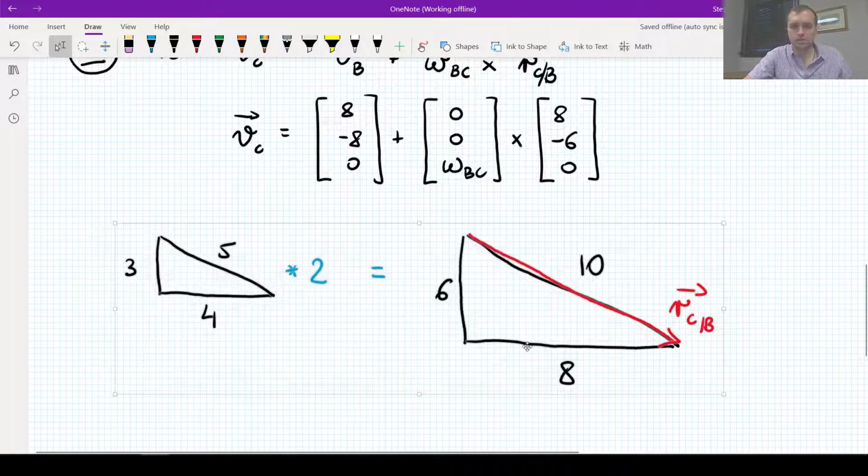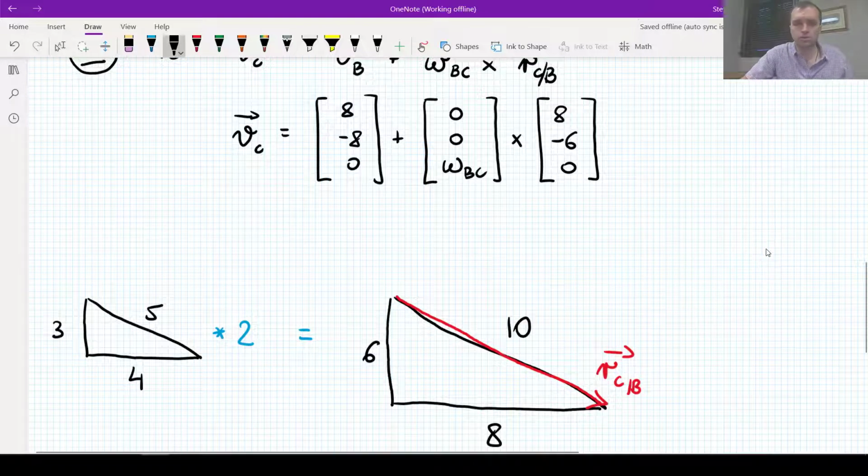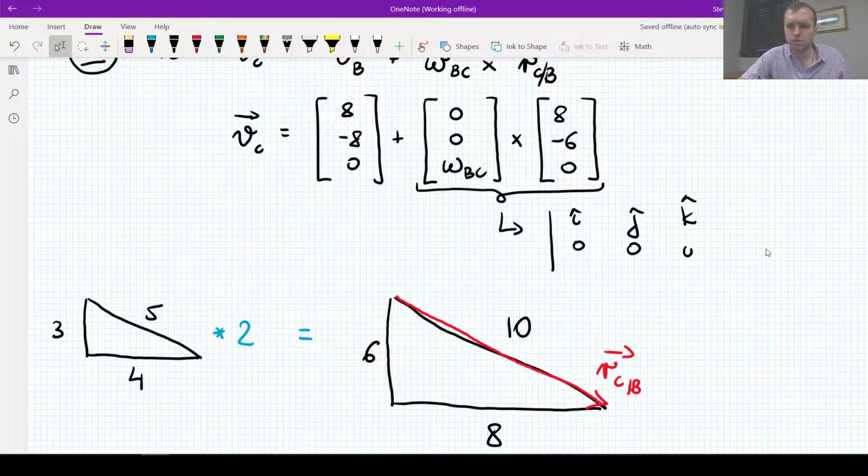Okay, so this is just a small digression. I'm more than sure that most of you know that. So now let's solve this determinant. So this will be ijk of 0, 0, omega BC, 8 minus 6 and 0.